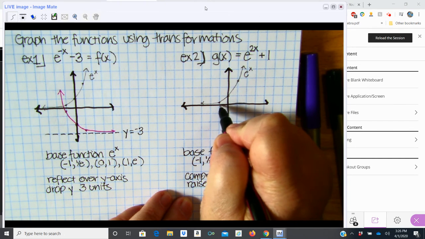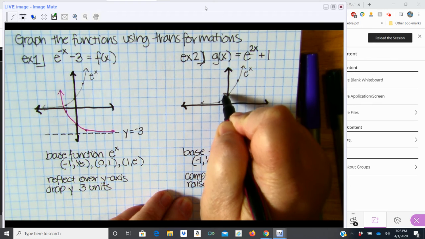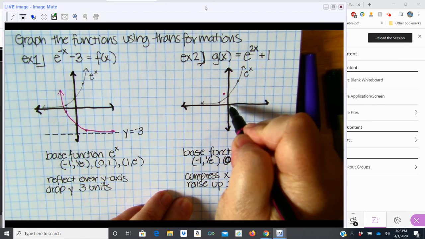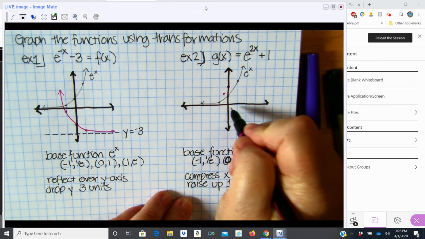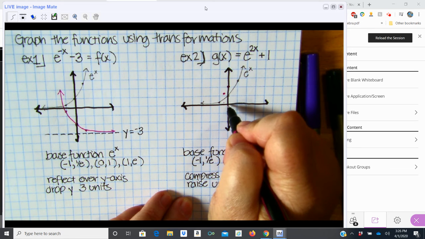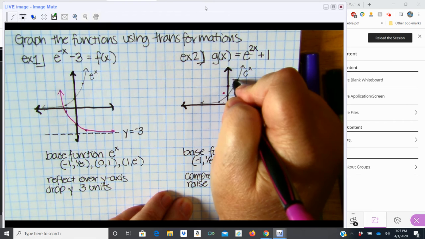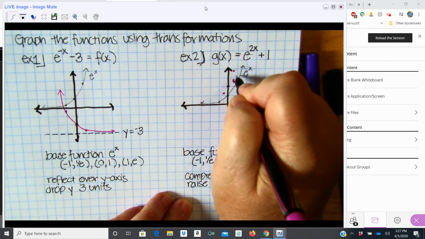So instead of -1, 1/e, it's going to be -1/2, 1/e, and then I need to raise it up 1. Instead of 0, 1, it's now going to be 0, 2. And instead of 1, 2.78, it's now going to be 1/2, 2.78. Oh, 3 points. I gotta go up 1. My bad. There we go. Plus 1.